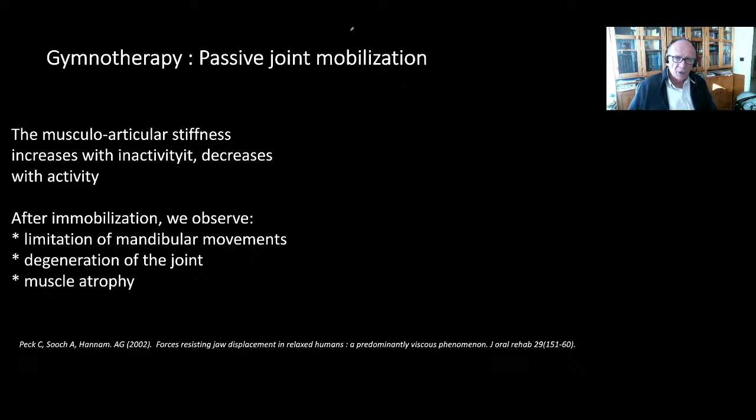So gymnotherapy is a passive joint mobilization. It is pseudo-passive because it is a movement realized by the patient himself, but without forces. Immobilization is a problem. Limitation of movement is a problem.